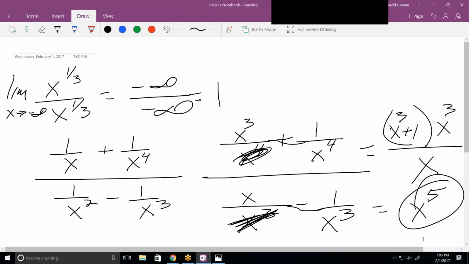That'd be positive infinity. Yeah, surprisingly, huh? Wonder if I made a mistake in my math here. Because this term looks like it would go to 0. This would go to 0. You'd have 0 plus 0 over 0 minus 0, which is 0 over 0, which you never know what that's going to do. That's kind of indeterminate.